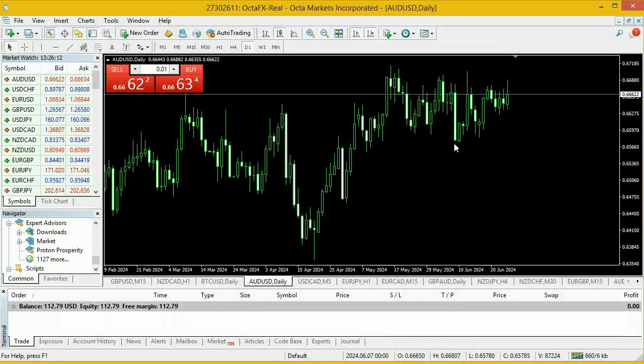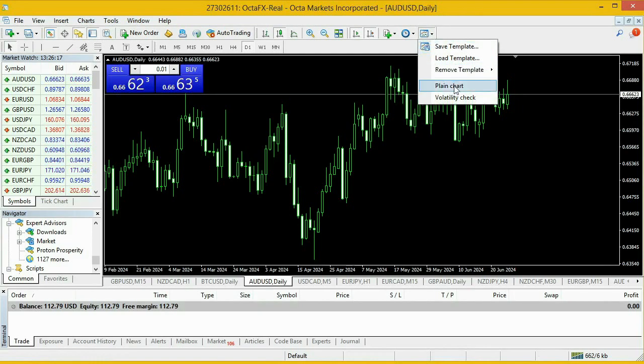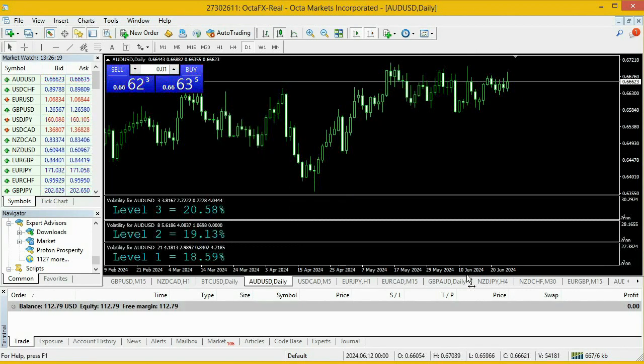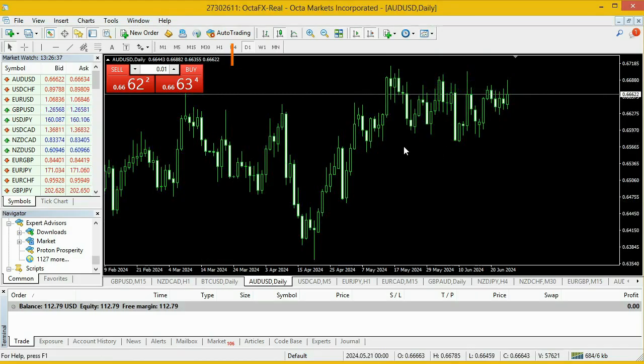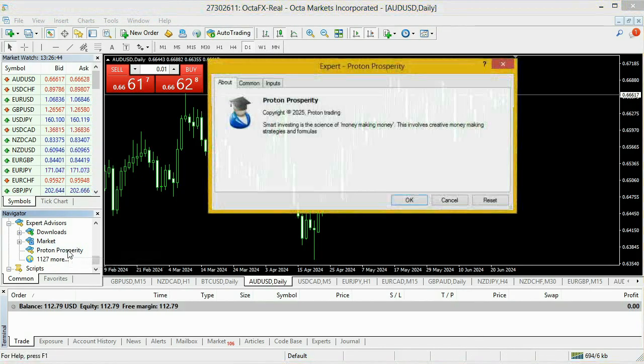Moving forward. Our next trade is on the Australian dollar-US dollar currency pair. This time the sequence is correct. We need to enable automated trading. And then we load the expert.